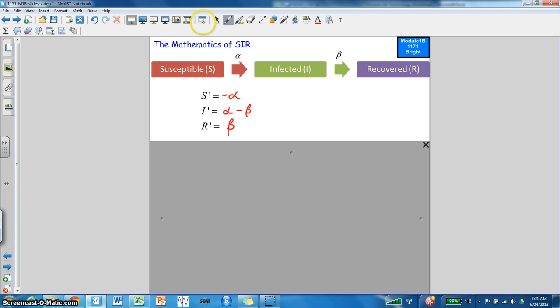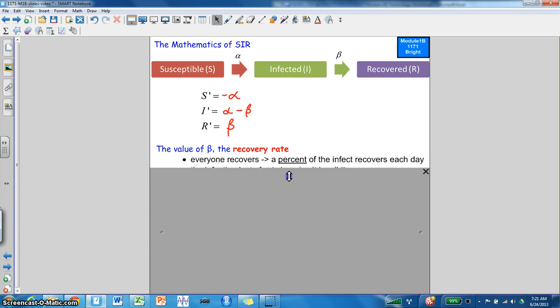Okay, but now we want to figure out what alpha and beta are, what those specific values are. So we're going to talk about beta first. Beta we call the recovery rate, so how fast people recover. Remember in this model that everybody recovers, so that means only a percentage of the infected recover each day.